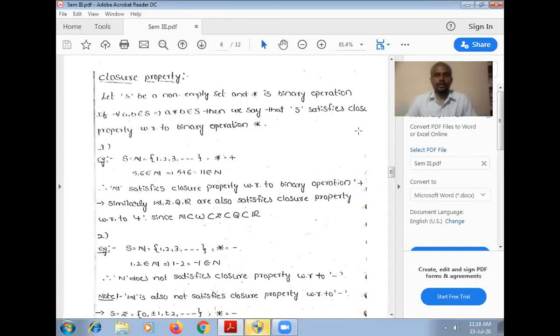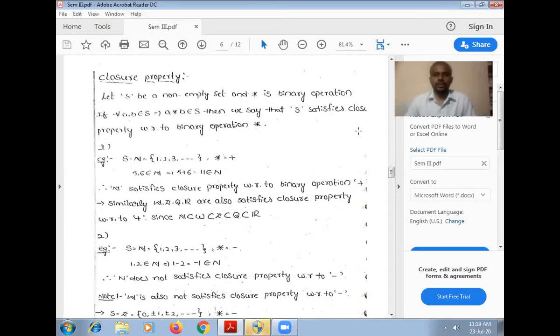Let S be a non-empty set and star is a binary operation. If for all a, b belongs to S, that implies a star b belongs to S, then we say that S satisfies closure property with respect to the binary operation.